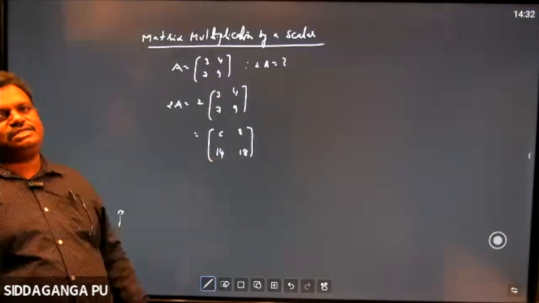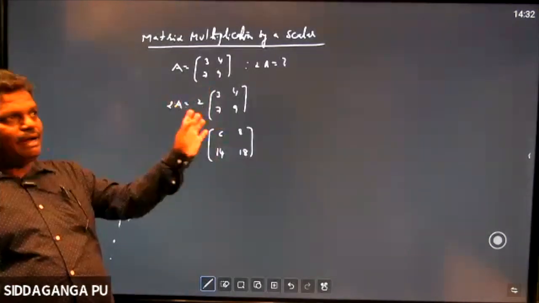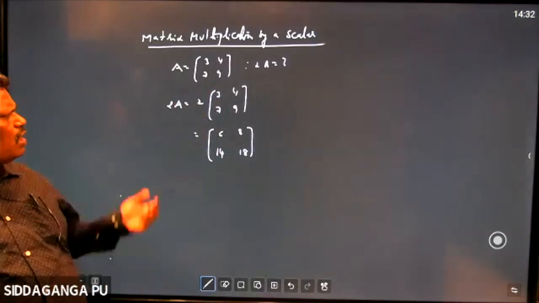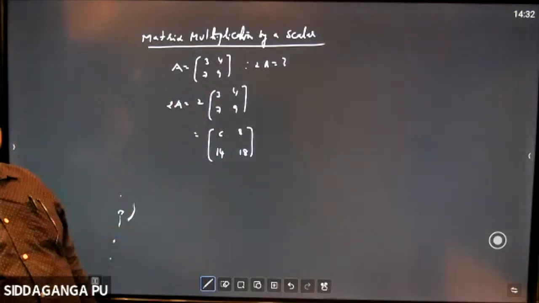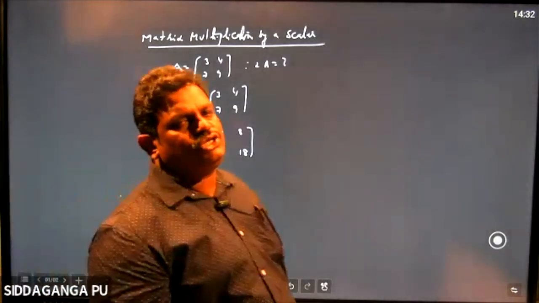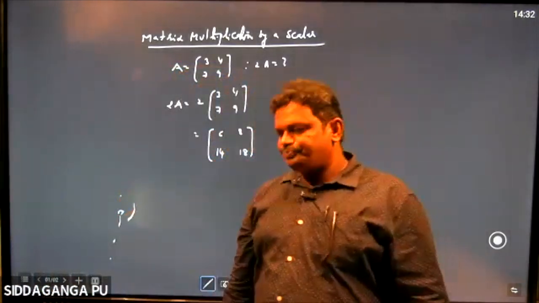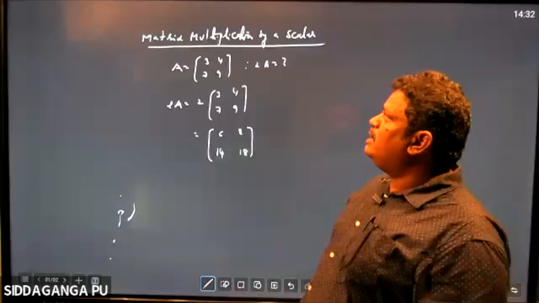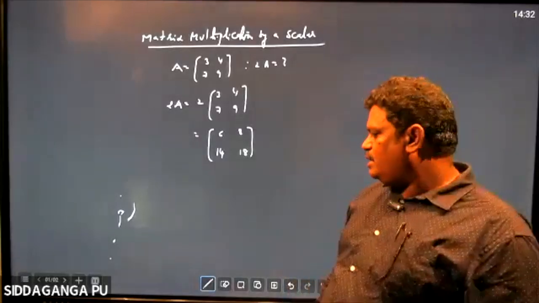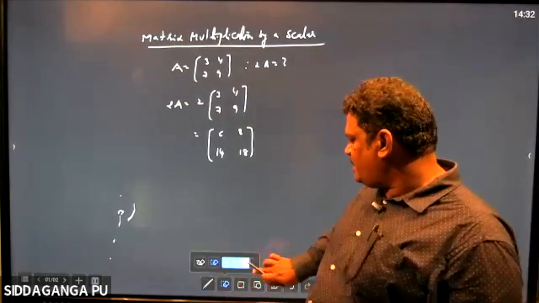The resultant matrix is the one obtained from matrix A and scalar 2. Similarly, we can take any number, not only 2: 3A, 4A, 5A, 7A, and multiply each and every number in the given matrix. That process is called matrix multiplication by a scalar value. Okay?